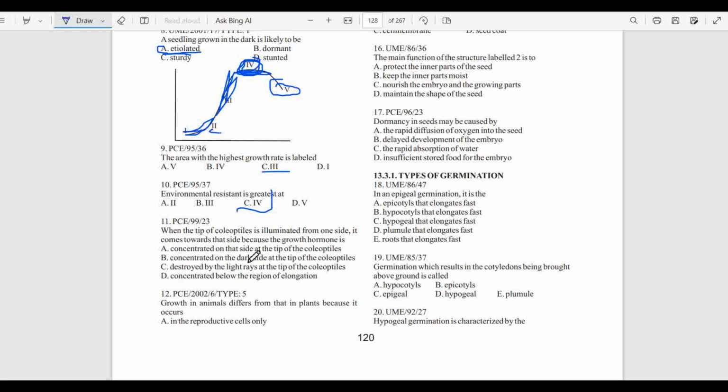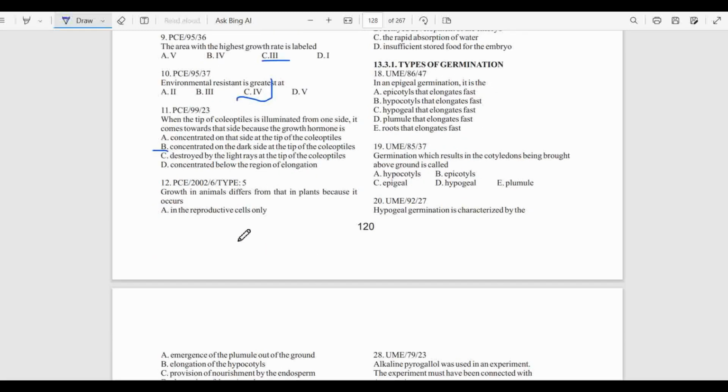When auxin moves away from the light source, it gives a greater concentration of auxin on the shaded side of the shoot, which in turn causes increased cell elongation. As a result, the part where auxin is now concentrated, the dark side, will bend the shoot. So auxin becomes concentrated on the dark side of the tip of the coleoptile, which is option B.